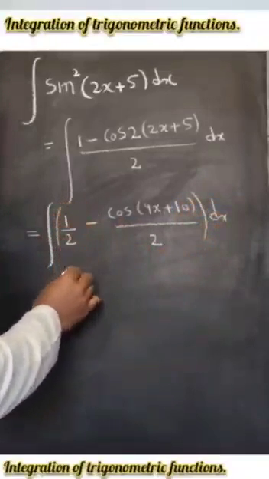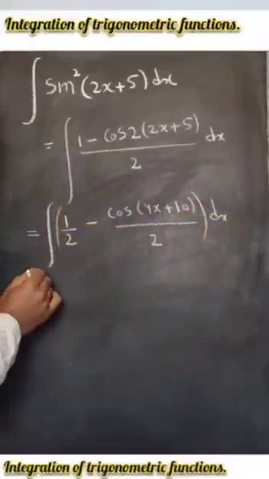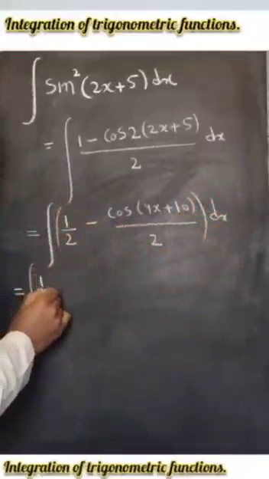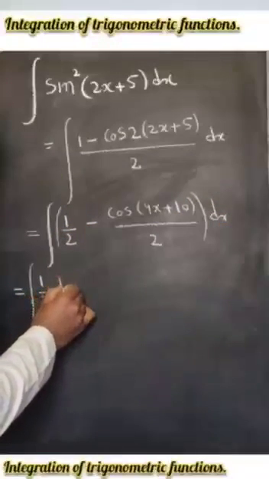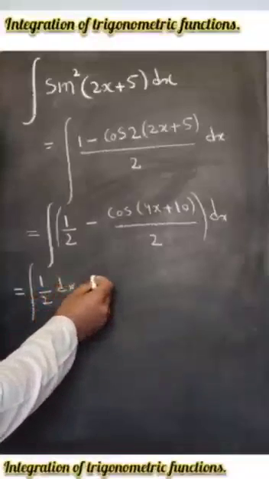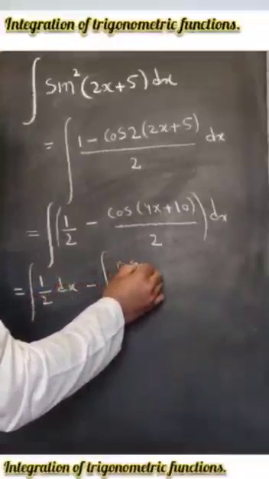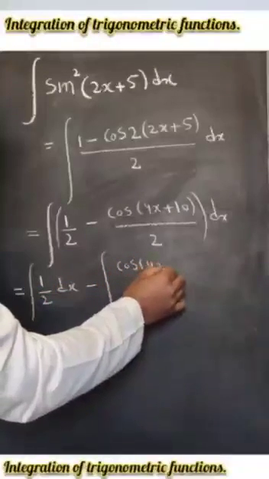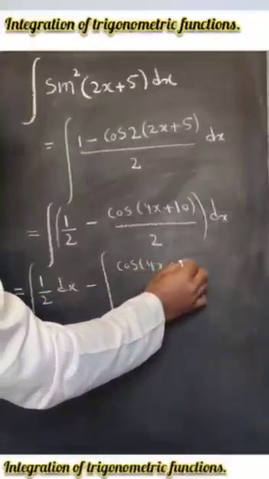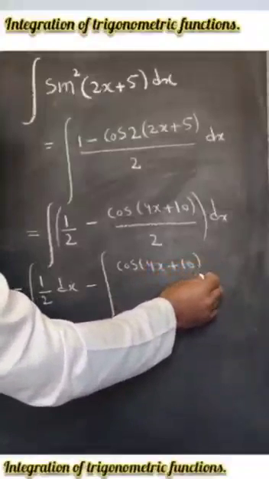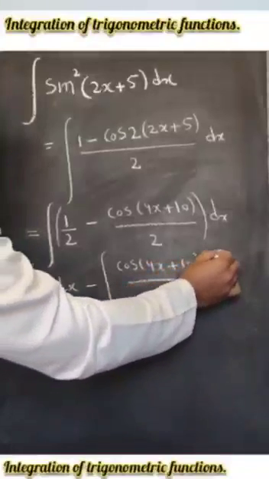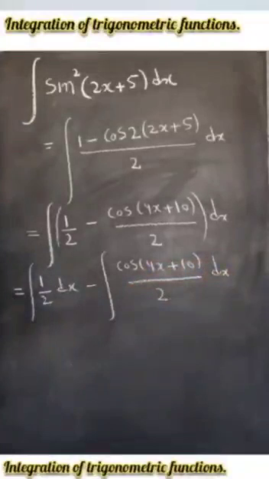dx, or we can write it as integral 1 by 2 dx minus integral cosine of 4x plus 10 divided by 2 dx.